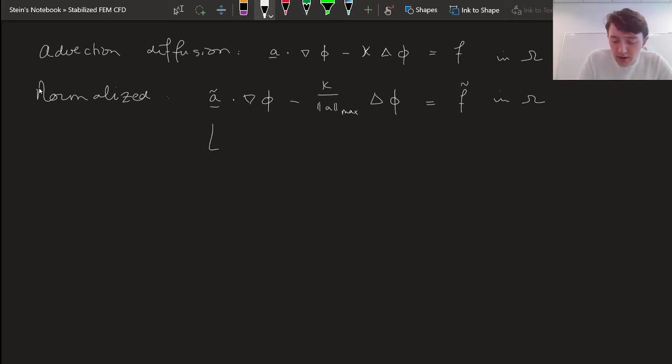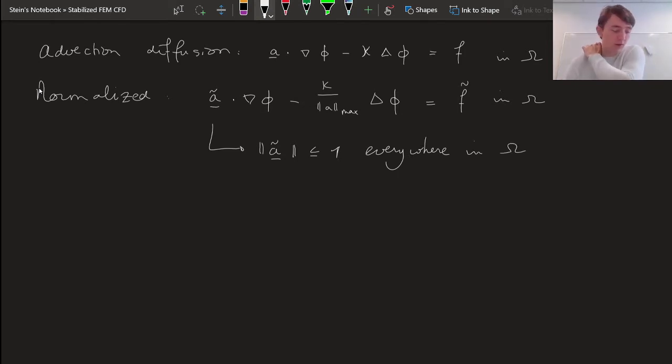So we also know now that the magnitude of our normalized advection vector is going to be smaller than or equal to 1 everywhere in omega. That's something that we'll actually use in a second. Well, actually, maybe not for the coercivity proof, but for the boundedness proof that we'll do.